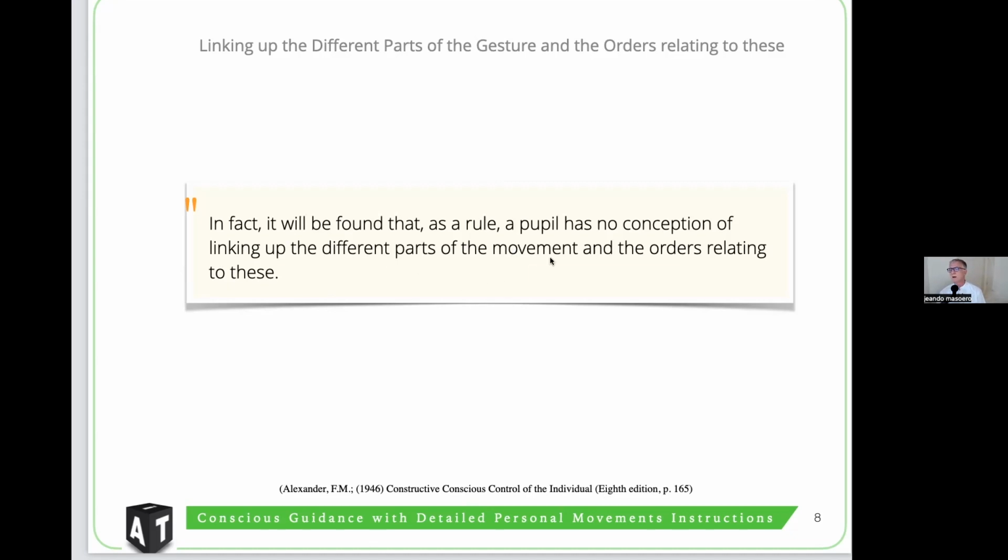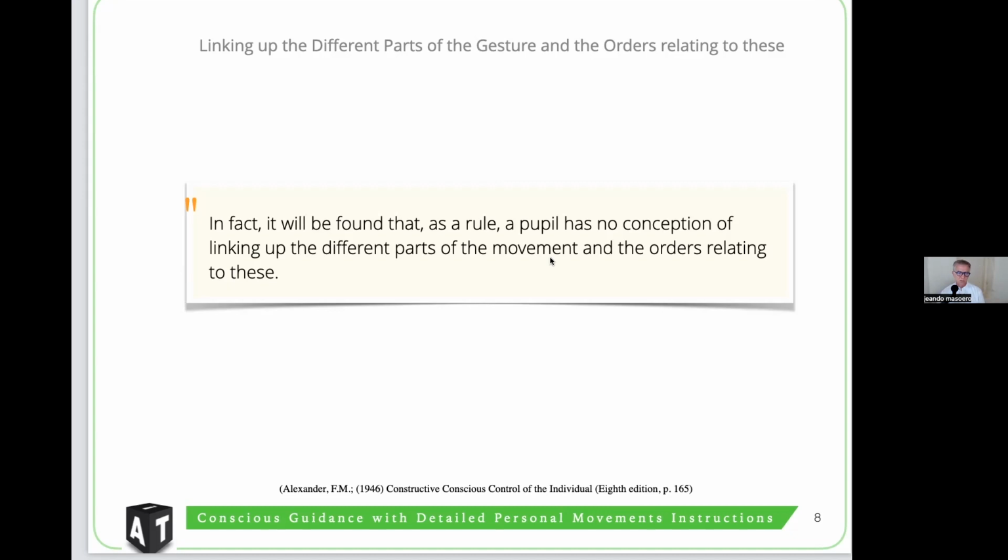Well, I would make one change in that sentence to make it really Delsartian. I would say that it will be found as a rule, a pupil has no conception of linking up the different parts of a gesture and the orders relating to these. That's the only change I would make, so that it's easier to understand.